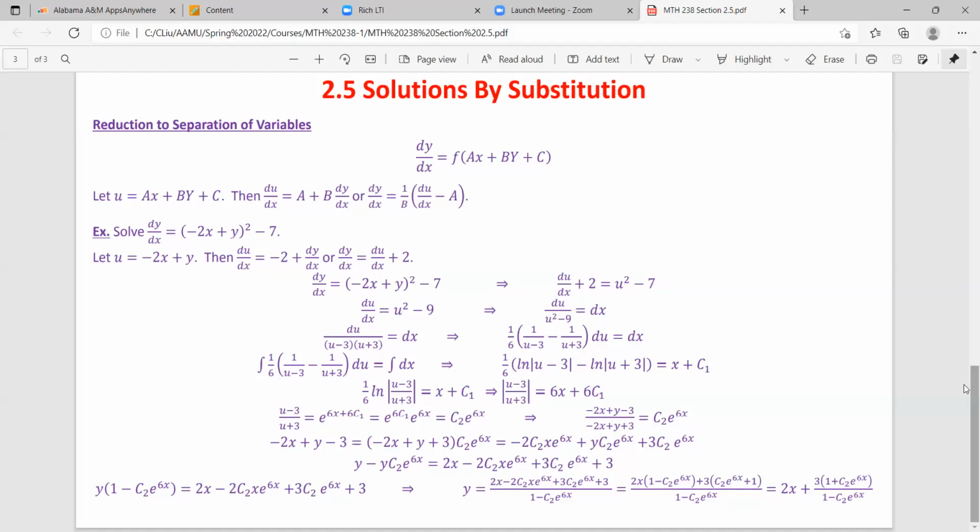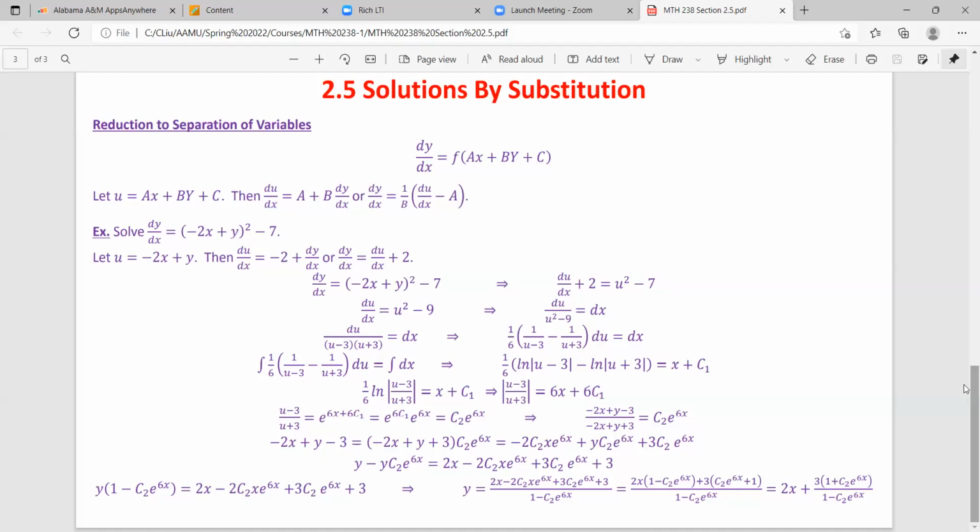So this is also a special type of equation that we can solve by substitution. What you do is you simply let u equal ax plus by plus c, and then plug that into the original equation and solve it.